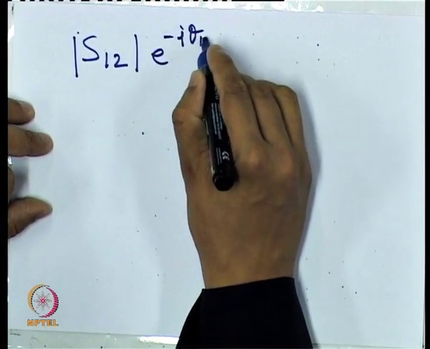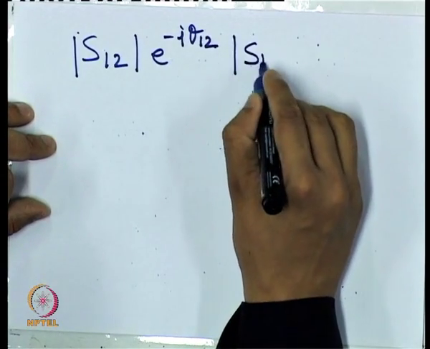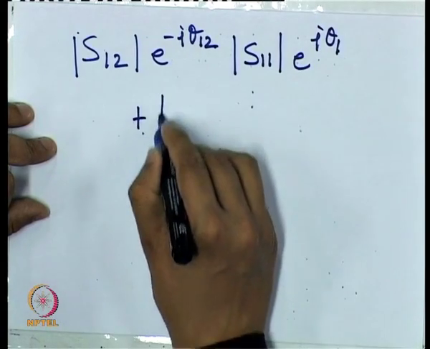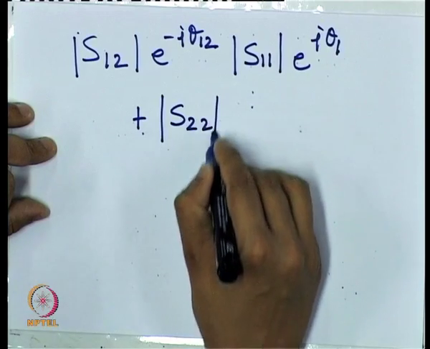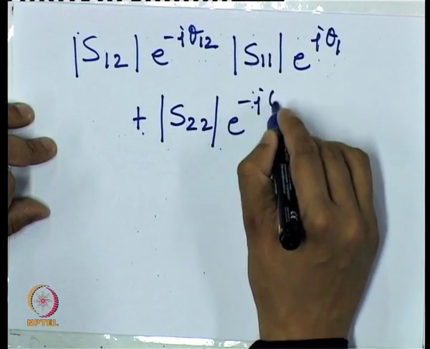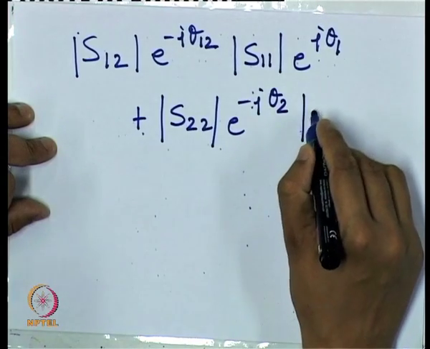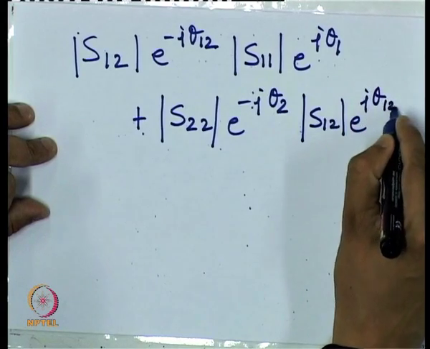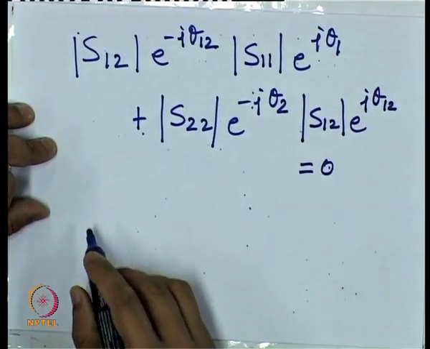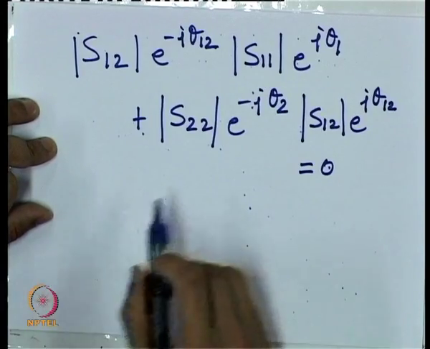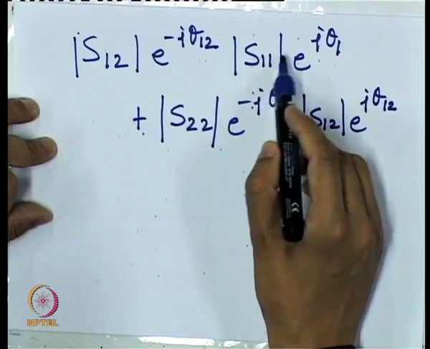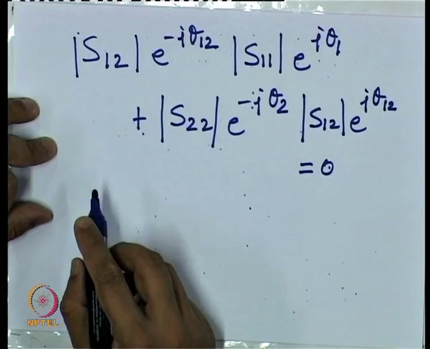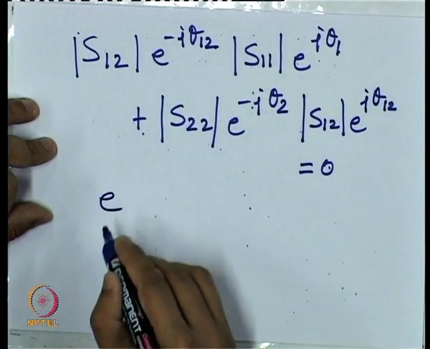Now writing the S parameters in terms of the phasors and simplifying, because the S22 magnitude is the same as S11, all these magnitude terms will be cancelled.